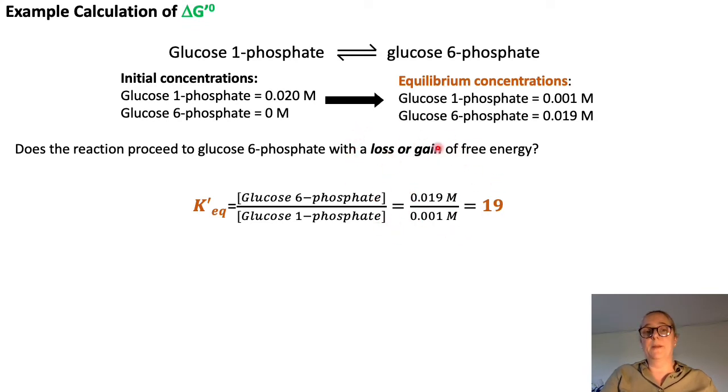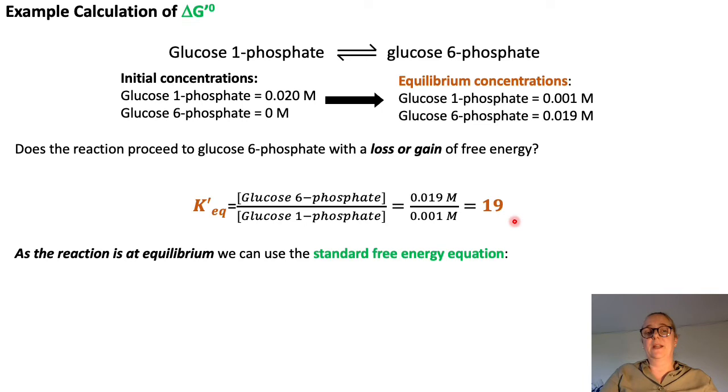Glucose 6-phosphate was 0.019, which goes here as the product, and glucose 1-phosphate was 0.001 molar, which gives us 19.